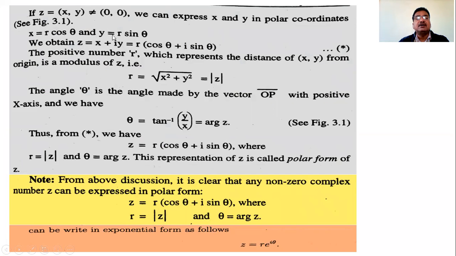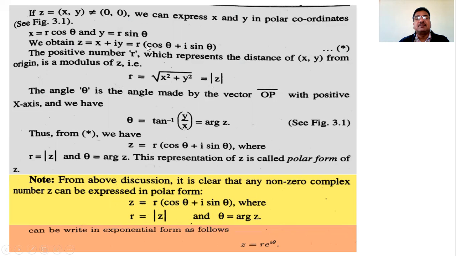This form is called the coordinate form, and this is the polar form of the number z. If we write z in this form, r in brackets cos theta plus i sin theta, where r is what?